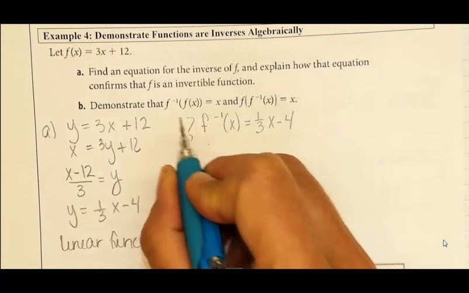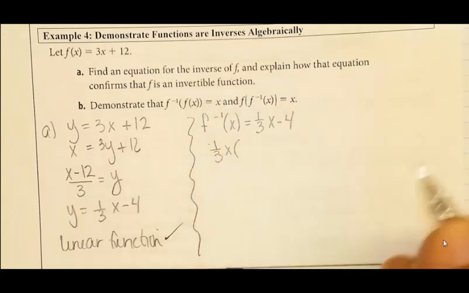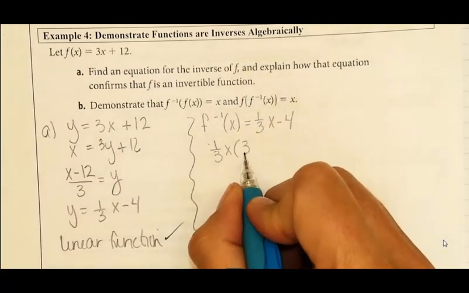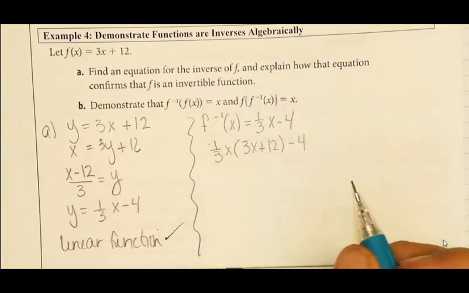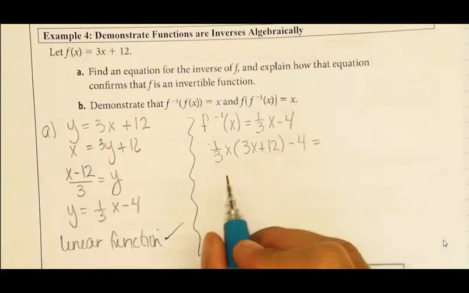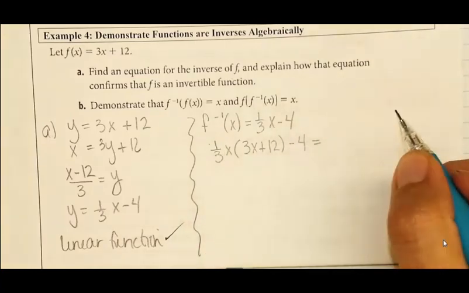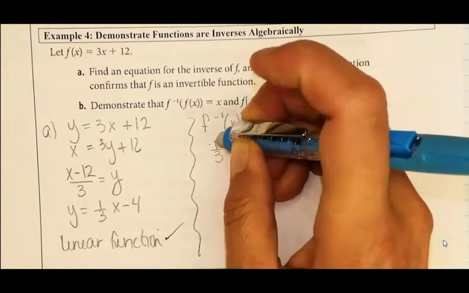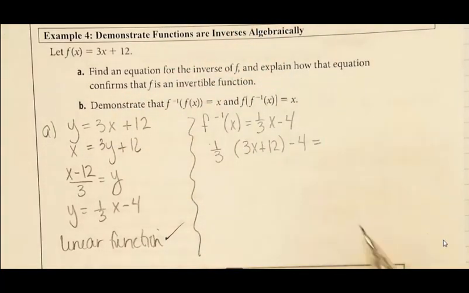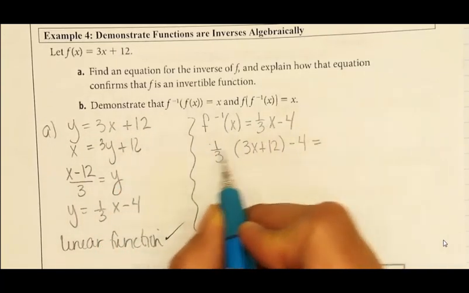All right, so I'm going to take the inverse function, which is this, and I'm going to plug in the original function. And hopefully I get x out. So I'm going to run out of room, so I'm going to go sideways here. For x, I put this function in there, okay?